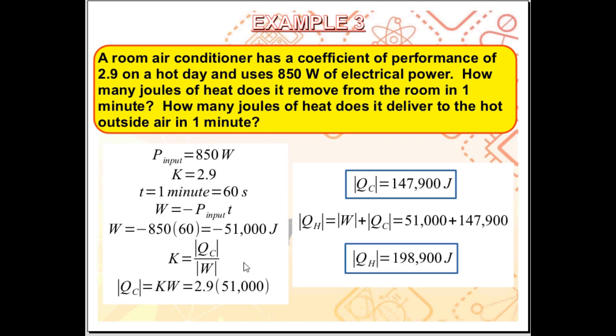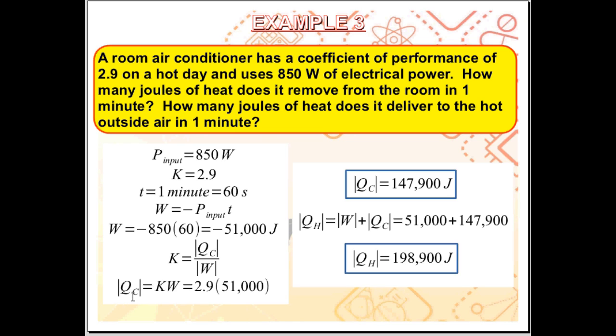The equation for the coefficient of performance is K equal to the absolute value of QC divided by the absolute value of W. We are able to calculate QC because we know K is 2.9 and we have just calculated the work done.